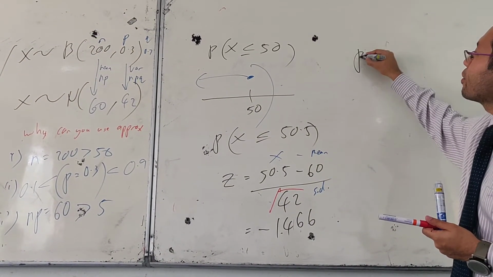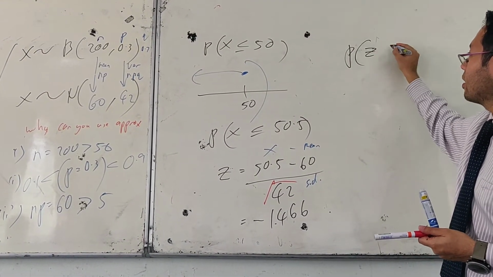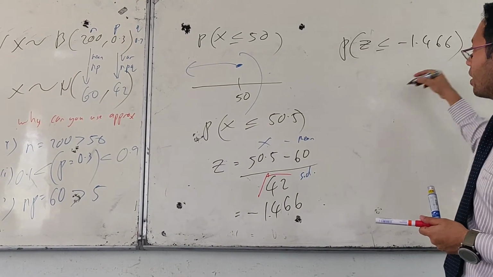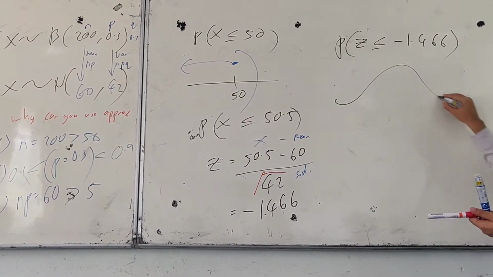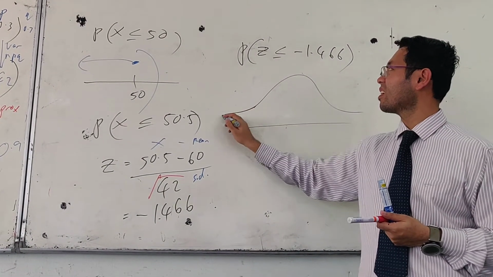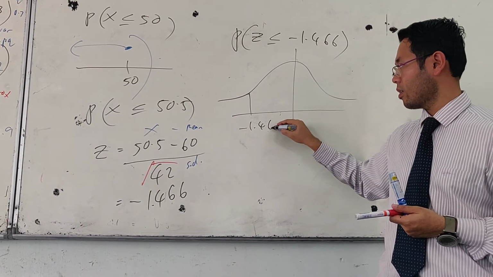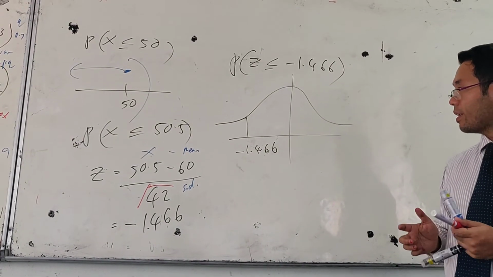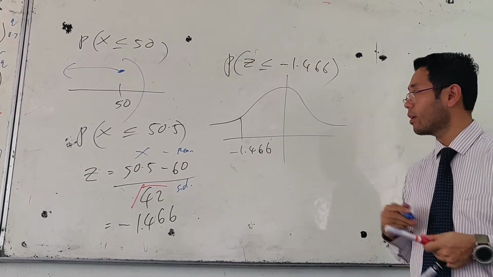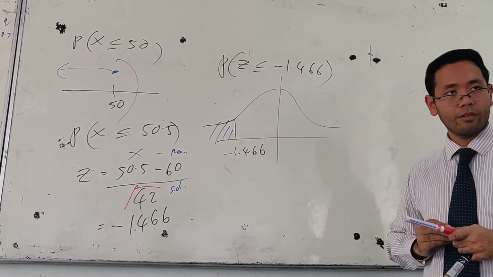So now you replace x with z. Pz less or equals to negative 1.466. Where is it on the bell curve graph? On the left side because it's negative. So I'm heading in which direction? Left or right? Left. What should you do from here?